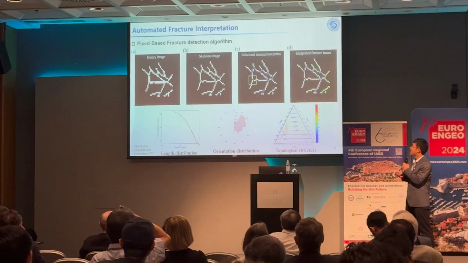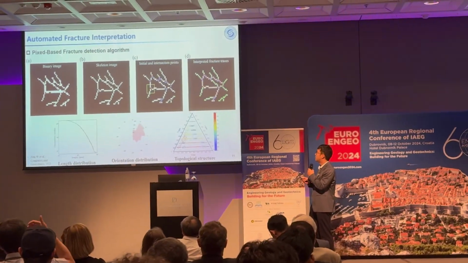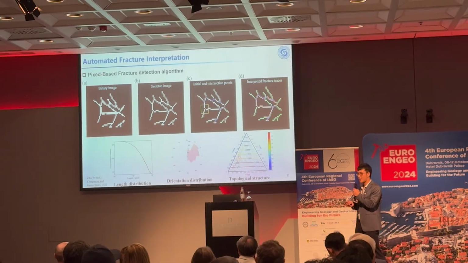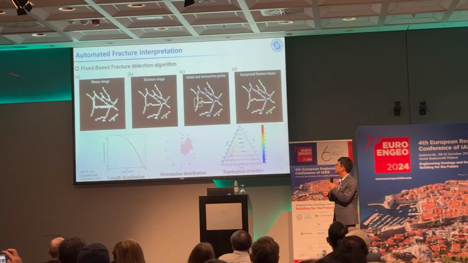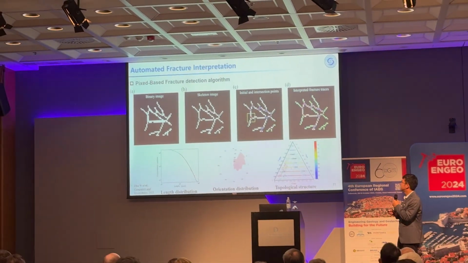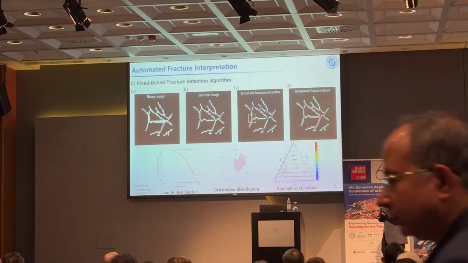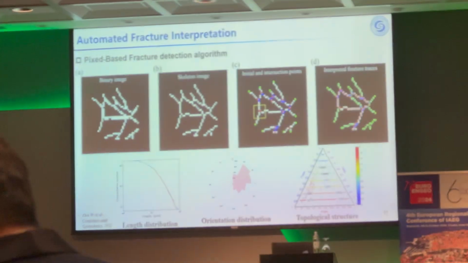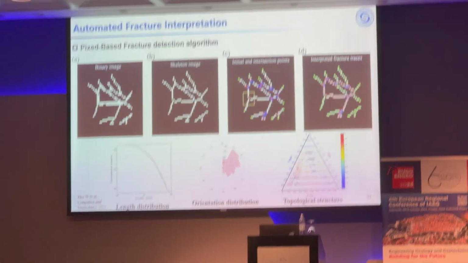So we need to develop an automatic fracture detection algorithm, and we have developed our own pixel-based fracture detection algorithm. Here we show the simple workflow for this method. This is a binary image which we can achieve from the deep learning technique. Then we convert it to a skeleton image, which is just a 1 pixel wide image. Then we find all the initial and intersection points for pixels.